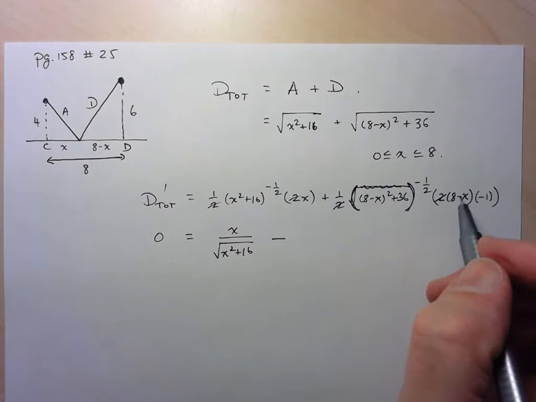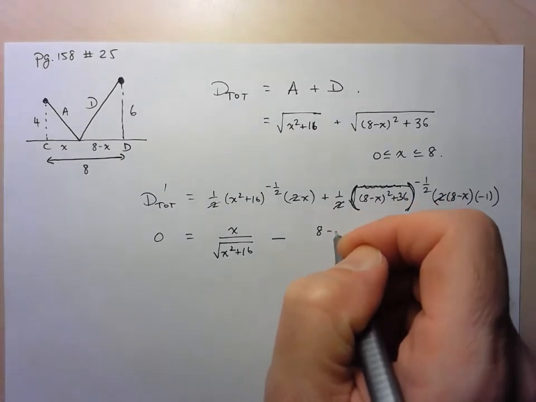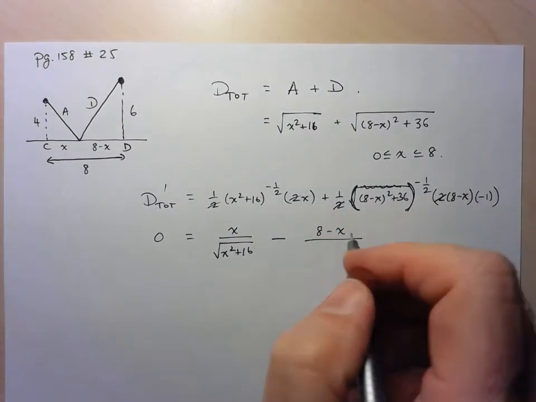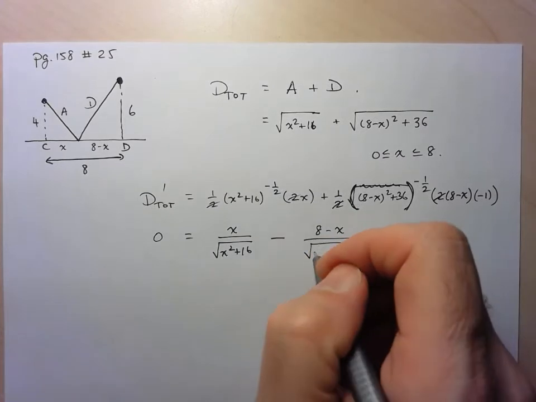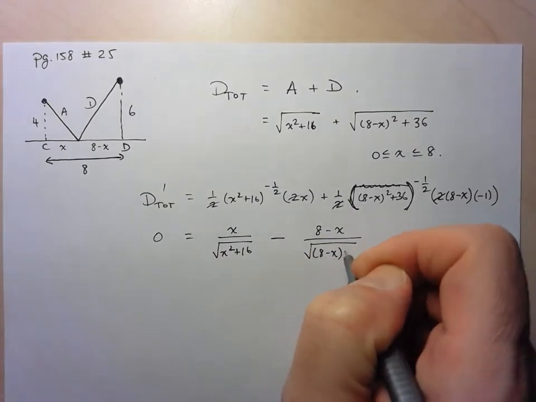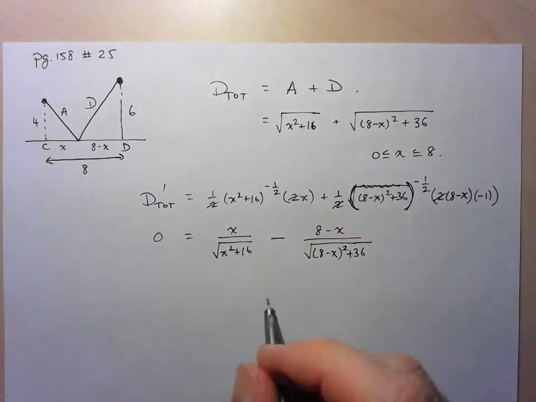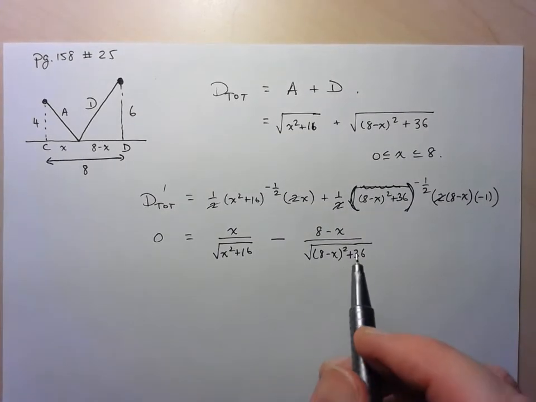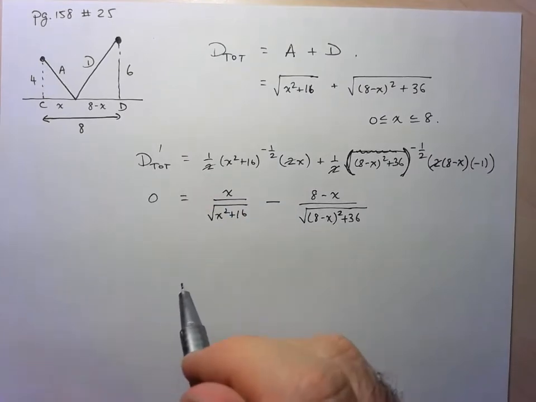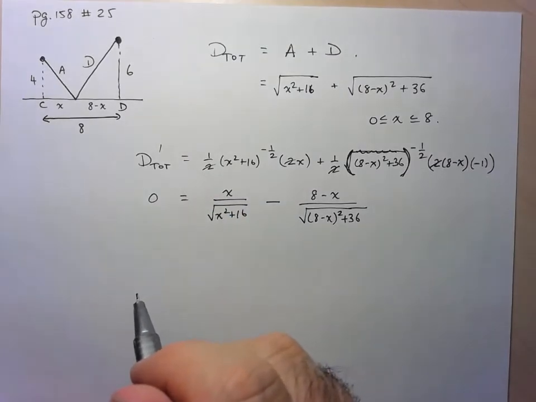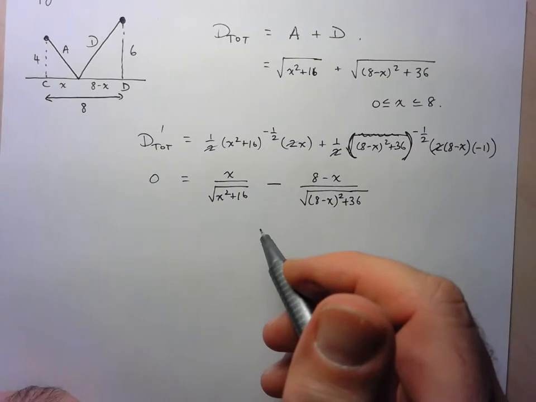And so I've got 8 minus x is what's left in the numerator, and then this will go down to the denominator, so square root of (8 minus x) squared plus 36. Okay, so we're seeing that this is starting to be a more complex function to differentiate and work with, but I think we can do it.